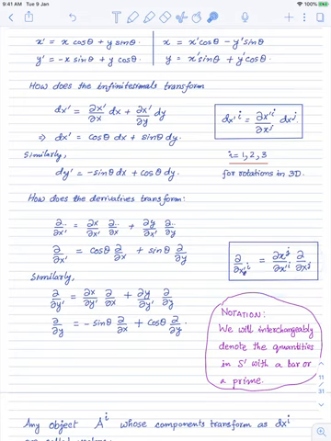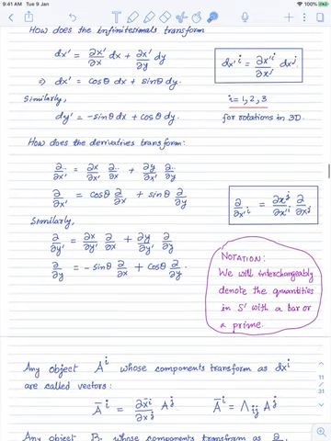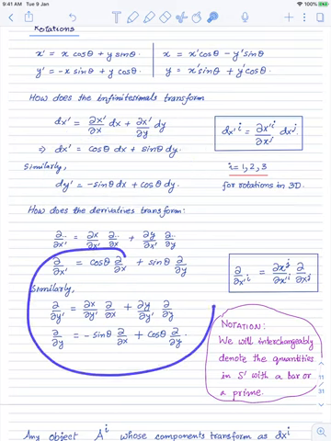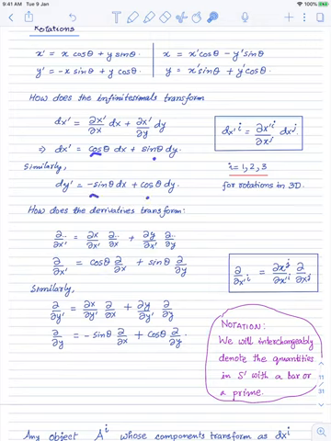So please pay careful attention to the prime. The prime is here, the prime is here, and this is just a variable transformation as far as derivatives are concerned. If we do it this way, you see that the infinitesimals as well as the derivatives are transforming in the same way, because this is also cos, sine, minus sine, cos, and this is also cos, sine, minus sine, cos.